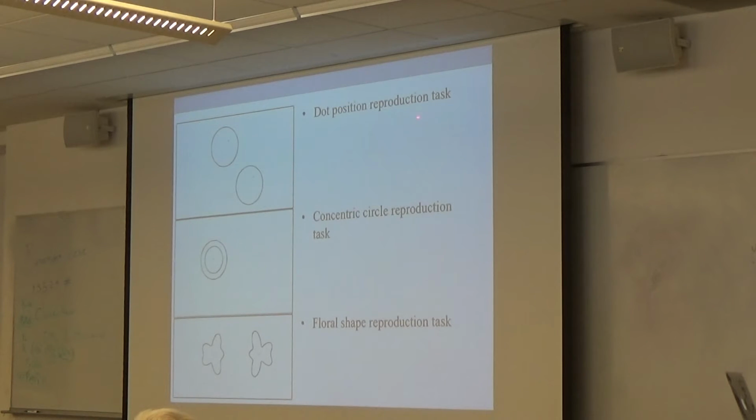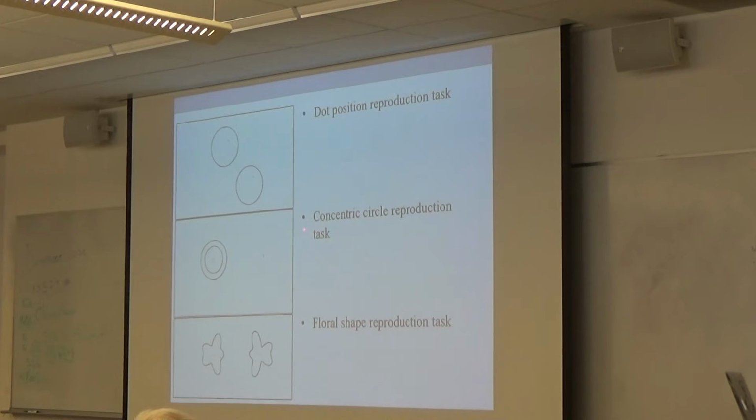In the dot position reproduction task, the participants were asked to move the right dot, whose position was initialized randomly, to a position that matched the position of the target dot.